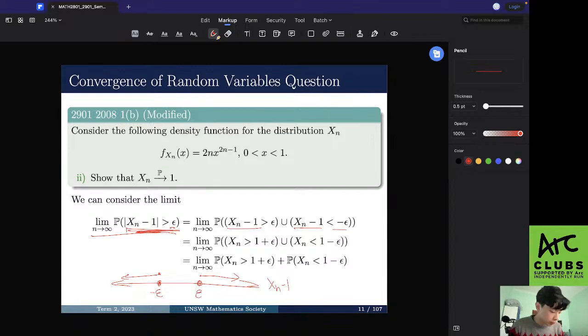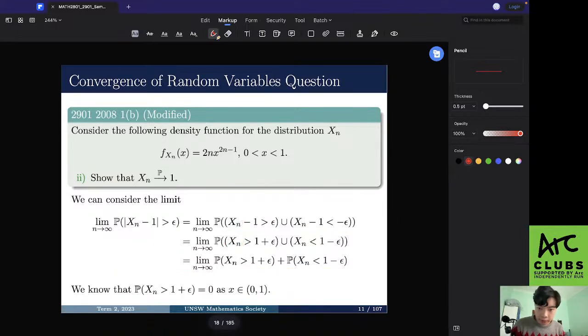And of course, we can take this one, put it to the other side, so that we have xn in focus. And then we have this or symbol, which we can split up into two different probabilities. The reason is because we see that these two branches are separate, right? So since there's no overlap, we can treat these probabilities individually.